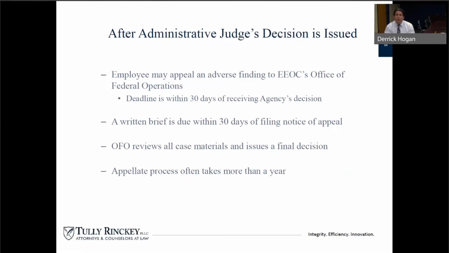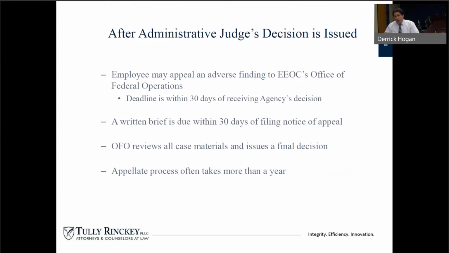Sometimes the OFO does grant extensions, whereas you need more than 30 days to file that appellate brief. And sometimes the judges do, or excuse me, OFO does, sometimes they don't. But it's important to note that you file your notice of appeal, and then you have 30 days to file your brief and statements in support of that appeal.